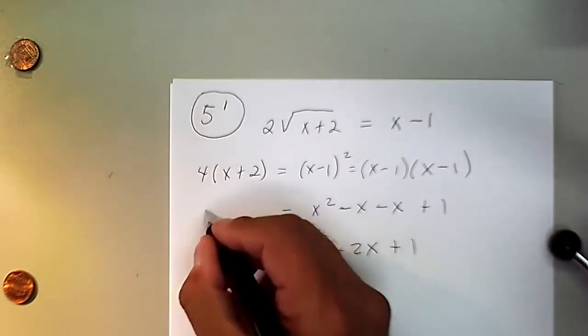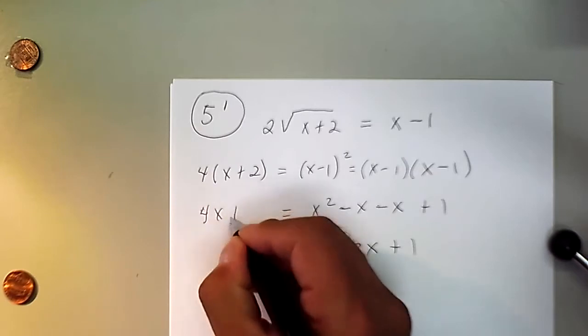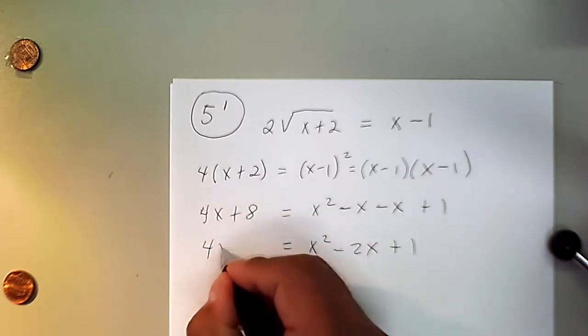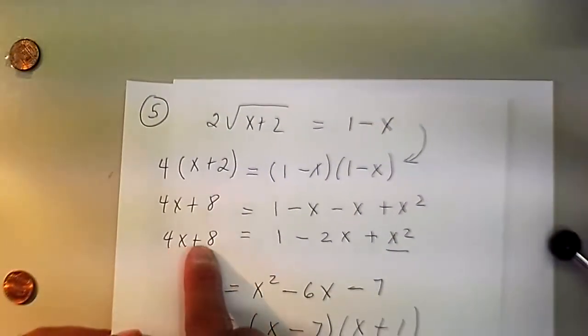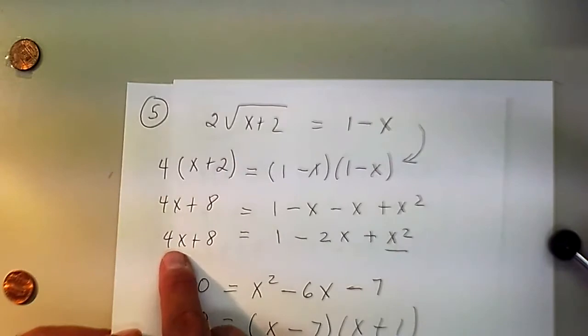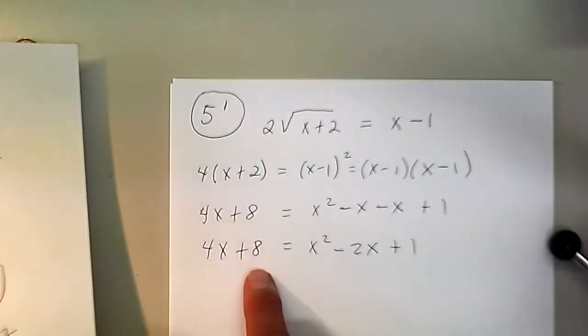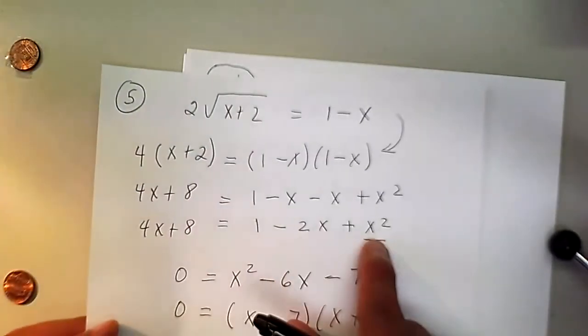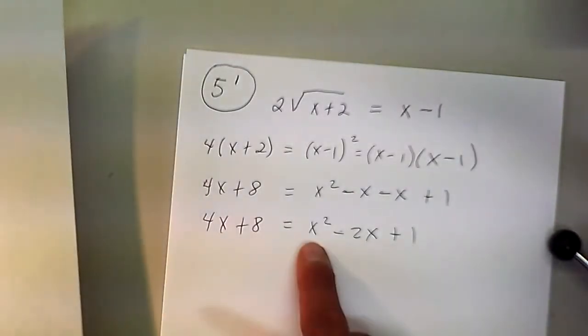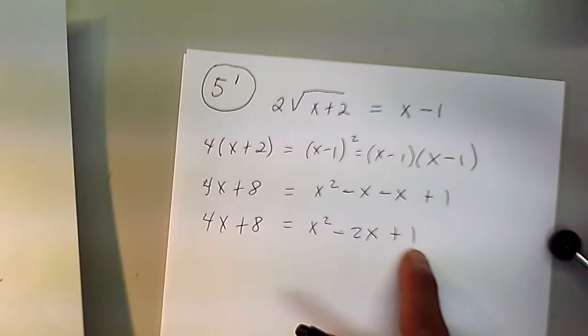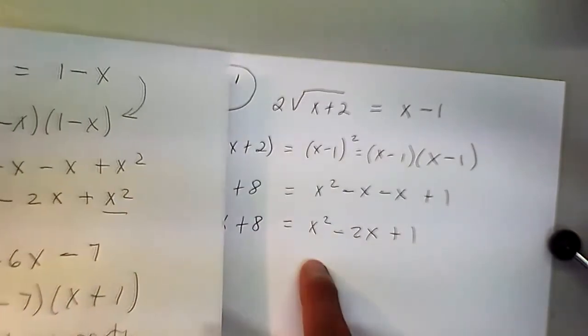And here we have 4x plus 8 and 4x plus 8 again. So notice when we compare that, we end up with the same setup. We have exactly the same setup.